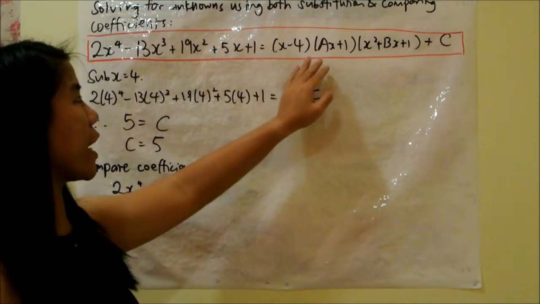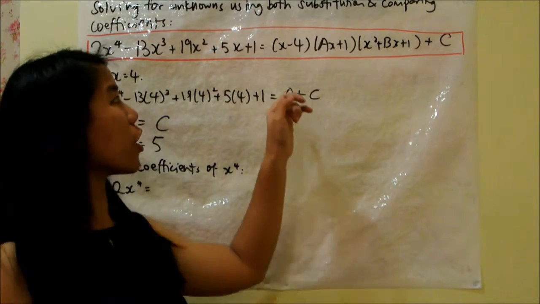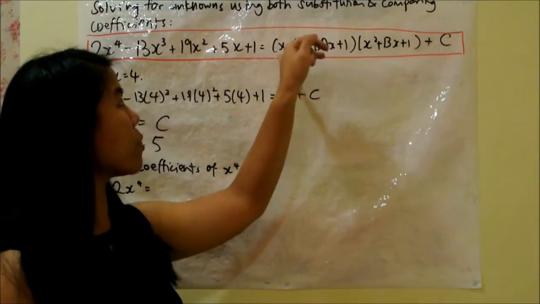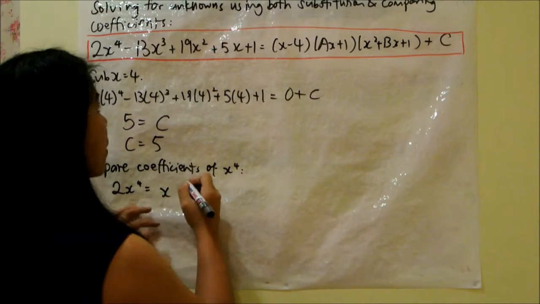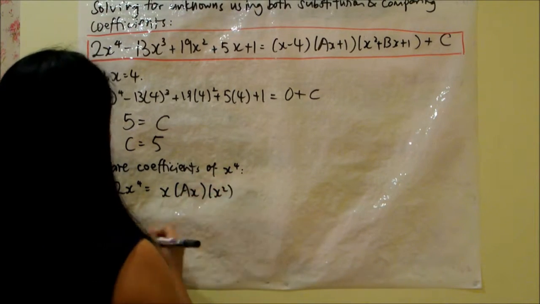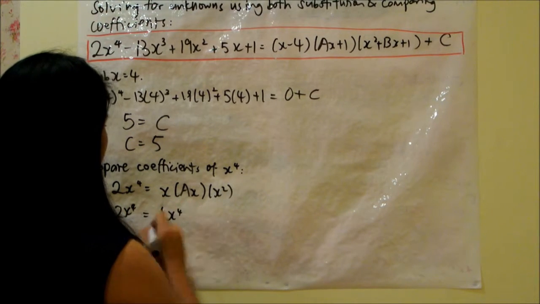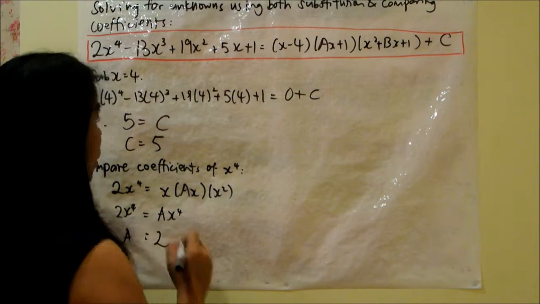Now on my right hand side, how do I get an x to the power of 4 term? Correct, I multiply the first 3 terms together. So I have x times ax times x squared. So 2x^4 is just equal to ax^4. And there you have it, I have a equals 2.